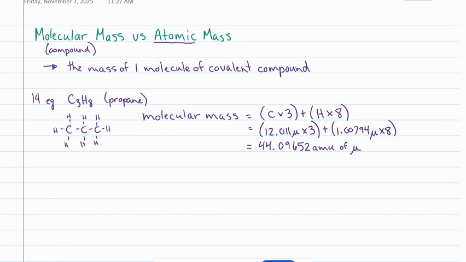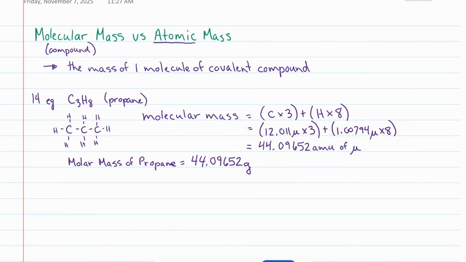Okay, so we now know that our molar mass of propane is equal to 44.09652 grams.